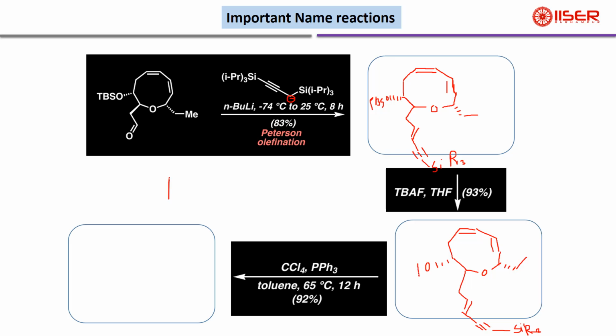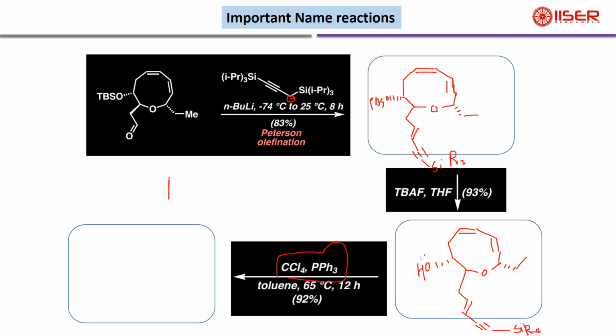Now what will happen in this case? If you remember, in one of the previous classes I talked about the Appel reaction, which is used for substitution of the OH group. OH is a bad leaving group, and if you want to substitute an OH group, we can perform this with the Appel reaction. This is a reagent of the Appel reaction, PPh3 with CCl4.